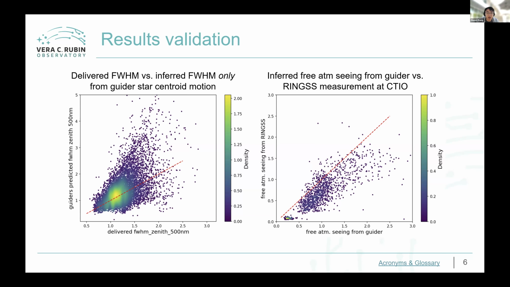Although they are separated by some distance, we'd expect the free atmosphere to not differ that much. And here we actually do see a rather tight correlation between the guider free atmospheric seeing and the RINGS free atmospheric seeing.